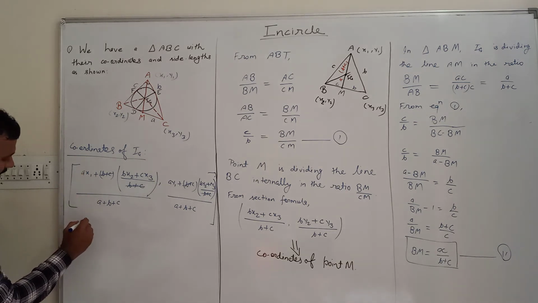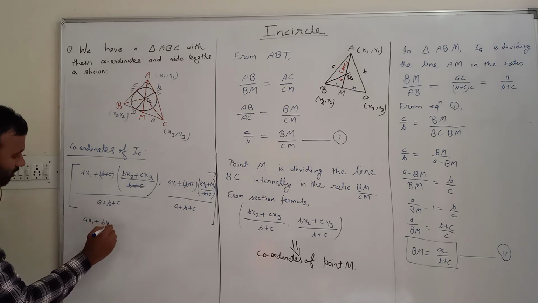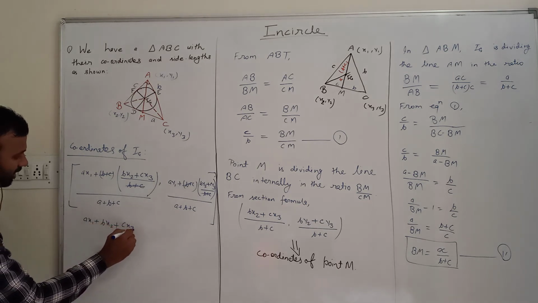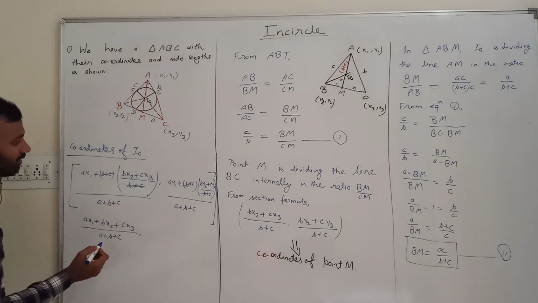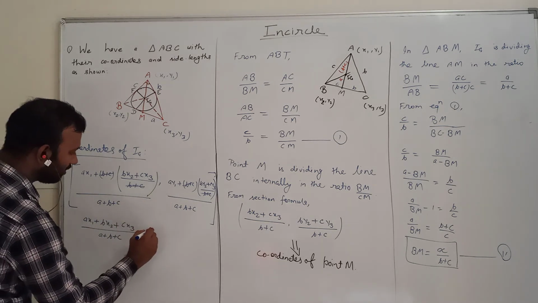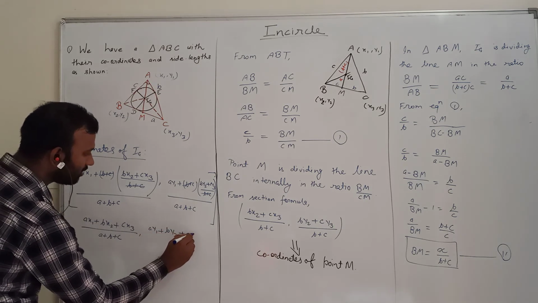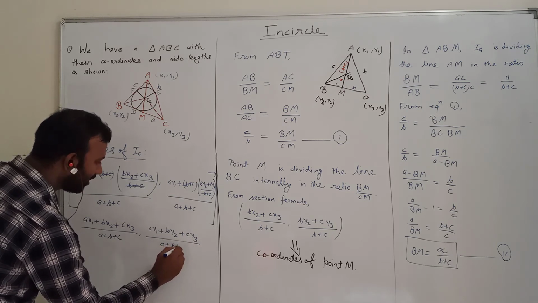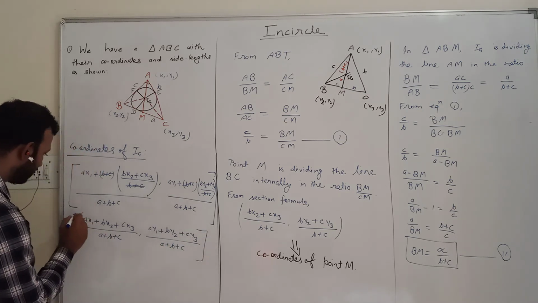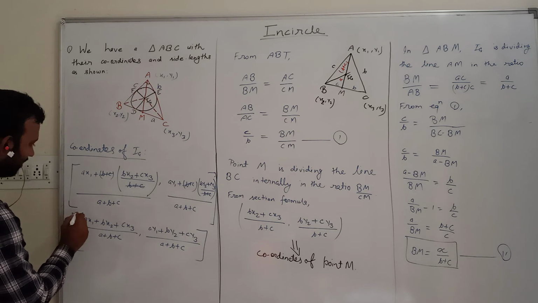We have ax1 plus bx2 plus cx3 upon a plus B plus C, and ay1 plus by2 plus cy3 upon a plus B plus C. So this is the coordinate of IC.